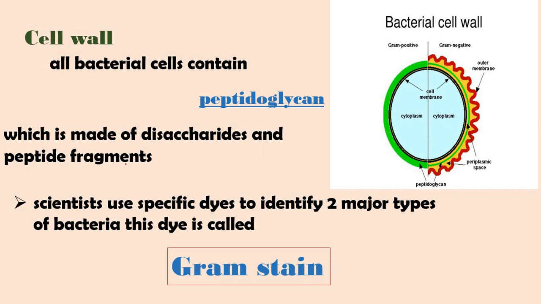Depending on the amount of peptidoglycans on the cell wall of each bacterial cell, scientists add a certain dye known as gram stain to the cell wall, and according to the response or the color of the dye, they can classify these bacteria into two major types.